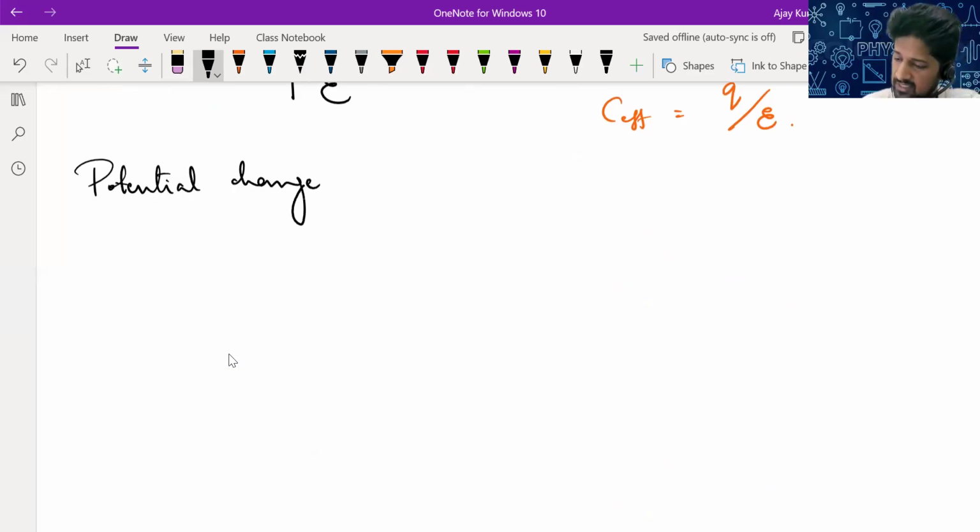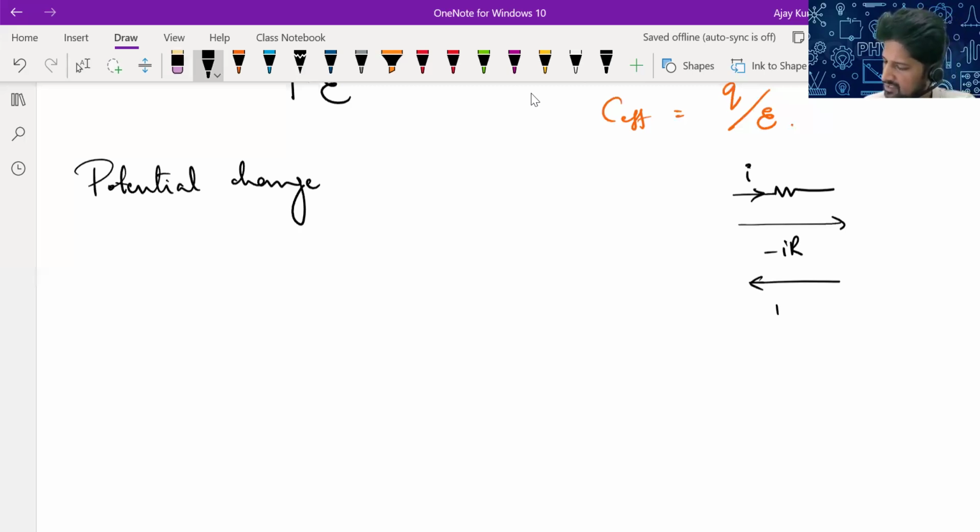Across resistors and batteries, we have already discussed. Suppose current is flowing this way. If you move in the direction of current, the potential change across a resistor is minus IR. Opposite to the direction of current, it is plus IR. Then for a cell also we discussed, if you are going from positive terminal to negative terminal, it is minus E, negative to positive, it is plus E.